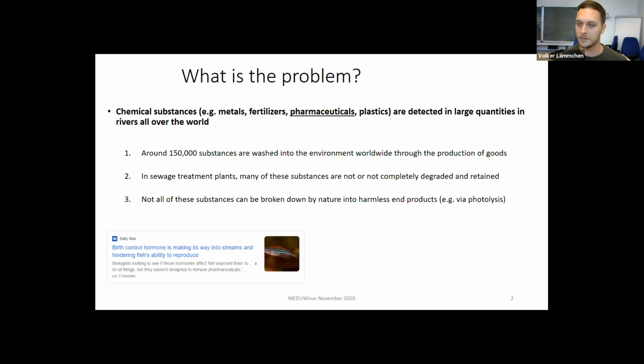The problem is that when these hormones are in the water, the fish stocks go through a kind of feminization, where the water is polluted with female hormones and the offspring of the fish usually becomes mostly female, which leads to the long-term extinction of the total population. And this is only the effect of one of the substances, and as there are many thousand substances in our waters, you can easily imagine that there are many, many undesirable effects that can occur in the biolife.